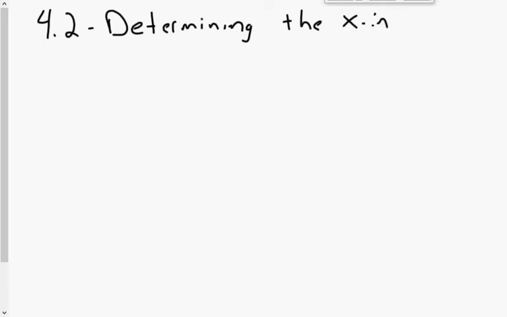So 4.2 is all about determining the x-intercepts through factoring.